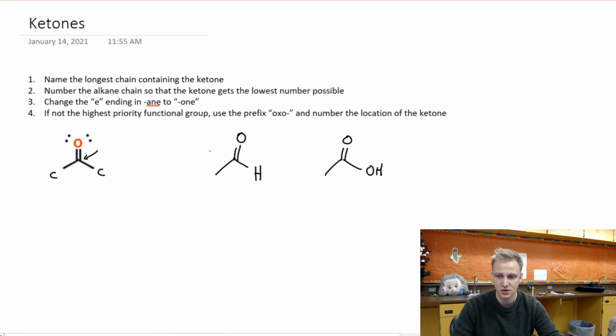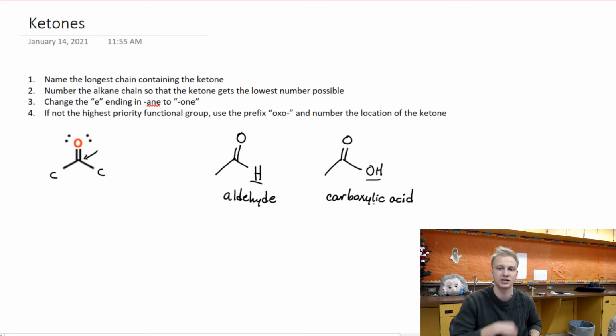If they are not, so in this first example here, we have an aldehyde, and in the second example, we have a carboxylic acid. If the difference is here, this hydrogen and this OH, if it's not a carbon there, we do not have a ketone. So ketones are going to occur in the middle of our carbon chain.